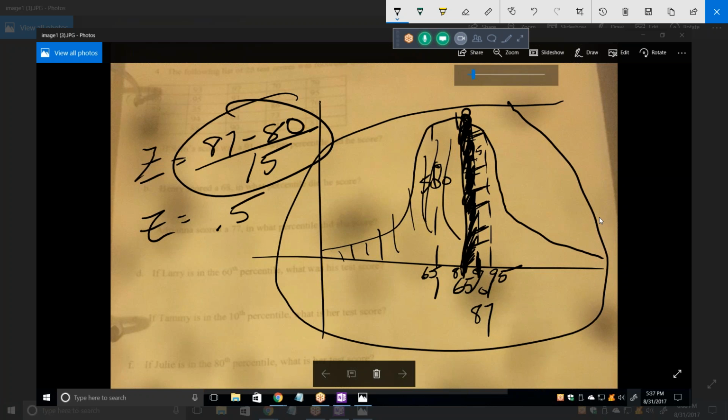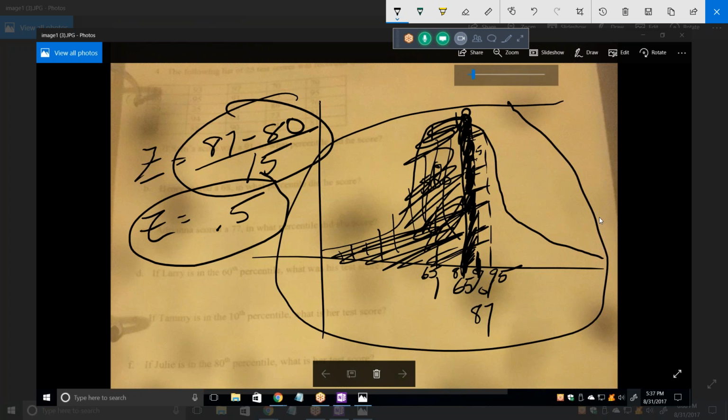That would be our Z-score to represent that entire area. Now you go into a table, and a Z-score of 0.5 tells me that 69% of the curve lies to the left of that. Based on my drawing, that sure looks right.